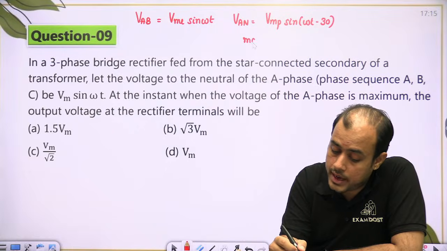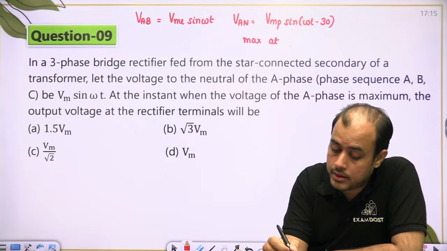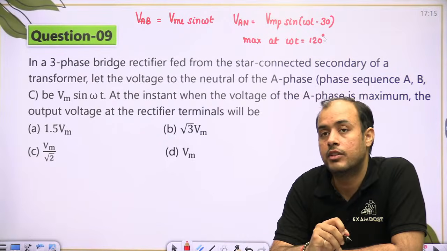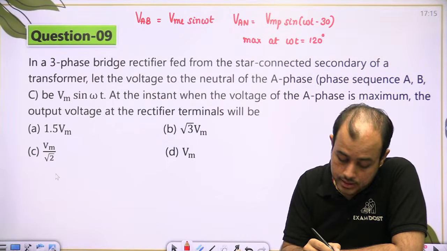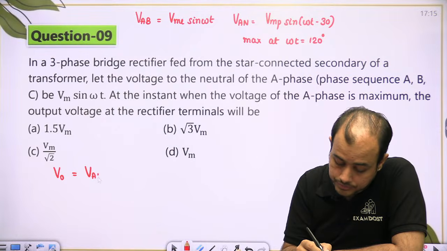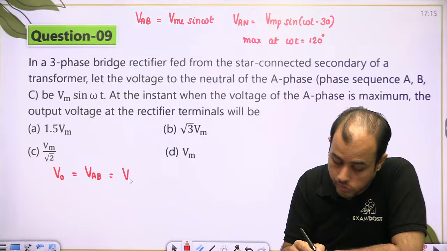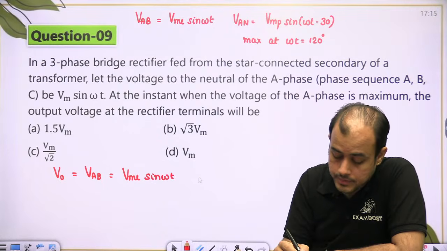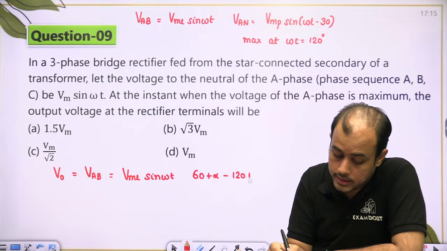So, it will be maximum at omega t equal to 120. 120 पे maximum आएगा. Now, V0 is VAN from 60 plus alpha to 120 plus alpha.